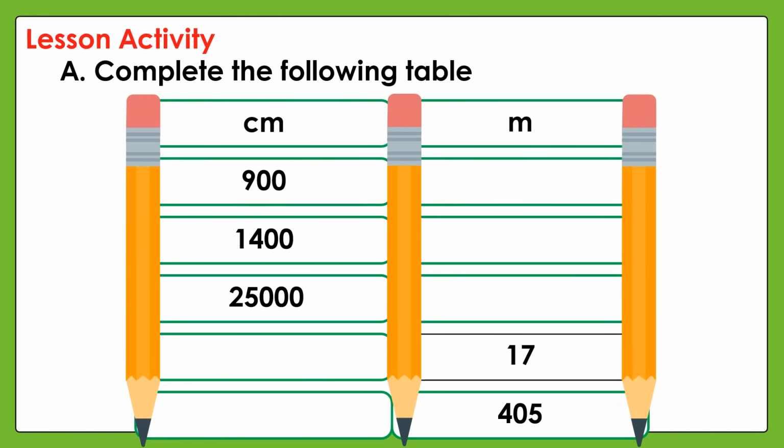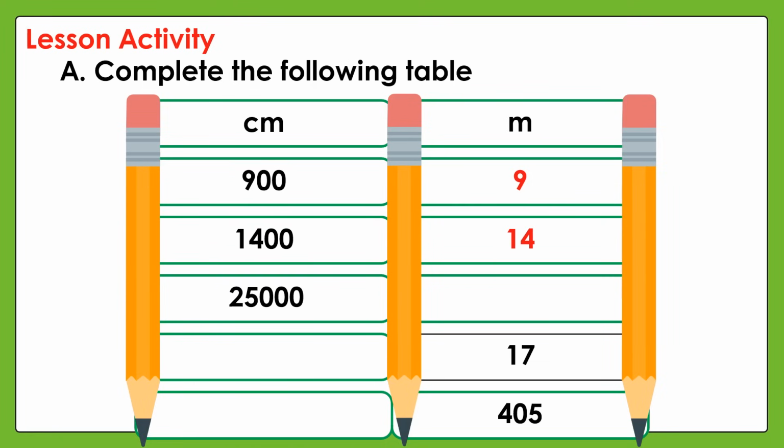Lesson activity letter A. Complete the following table. Centimeter to meter and vice versa. Number 1. 900 centimeters is equal to 9 meters. Number 2. 1,400 centimeters is equal to 14 meters.